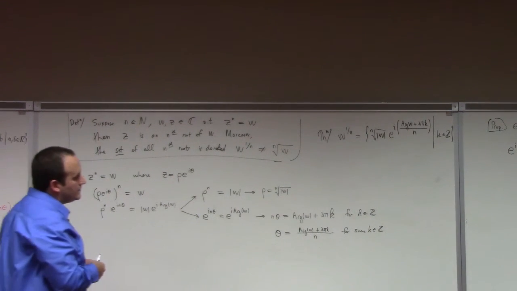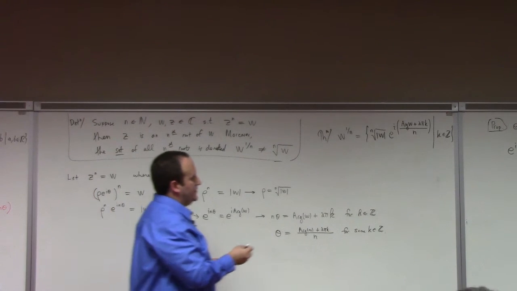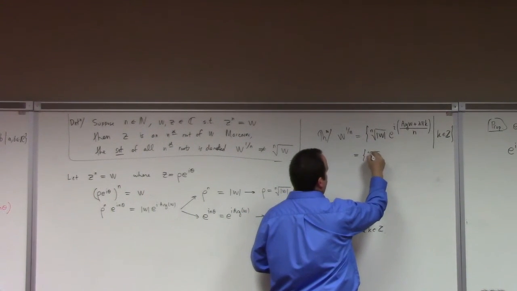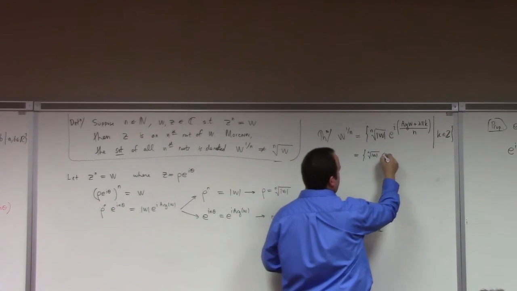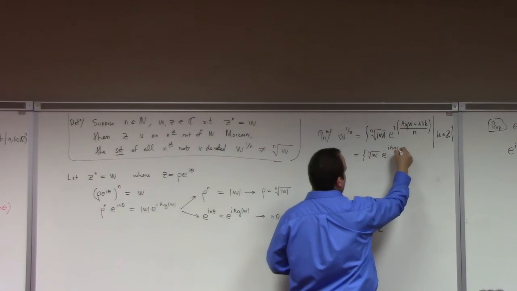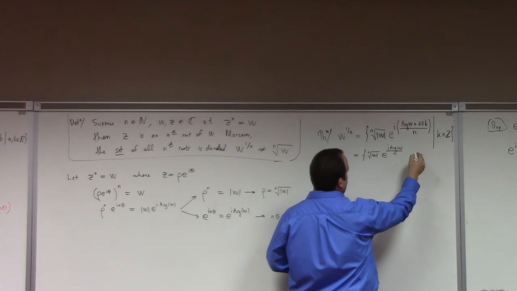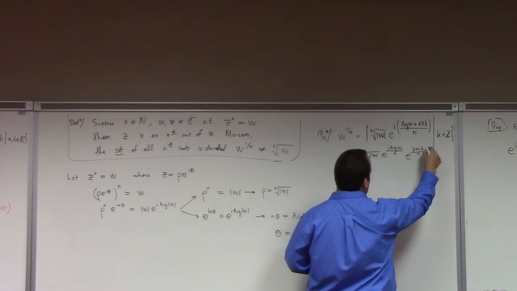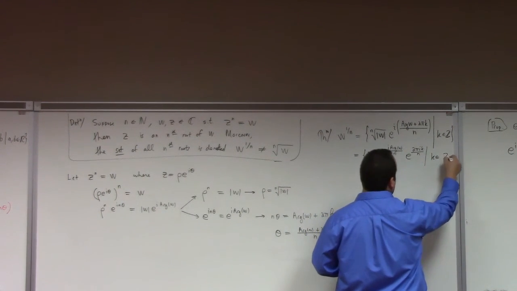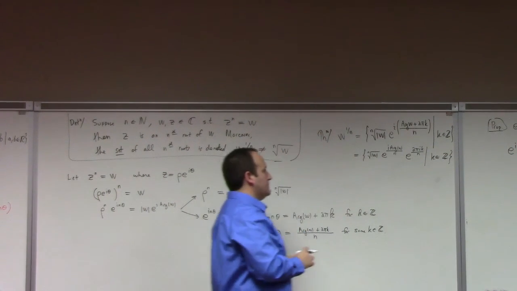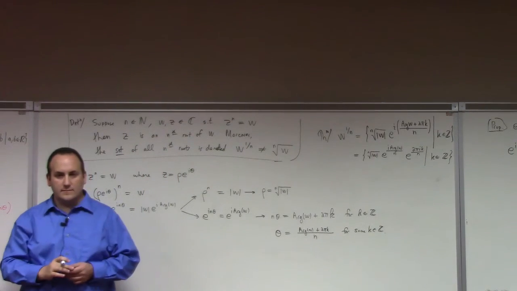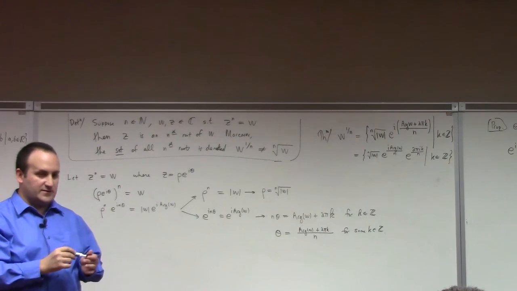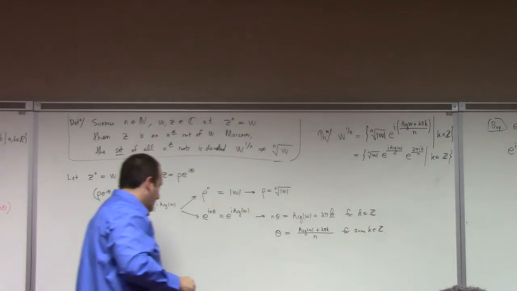Now, I can actually rewrite this a little bit better as follows. I can say, well, that's really the nth root of the modulus of w times e to the i capital arg of w divided by n times e to the 2 pi i k over n, such that k is an element of Z. Now, the reason I might want to do that is because the thing I'm about to circle in red is a very important quantity.